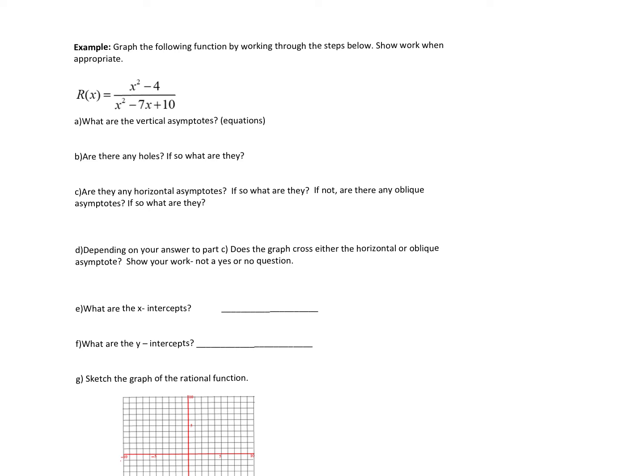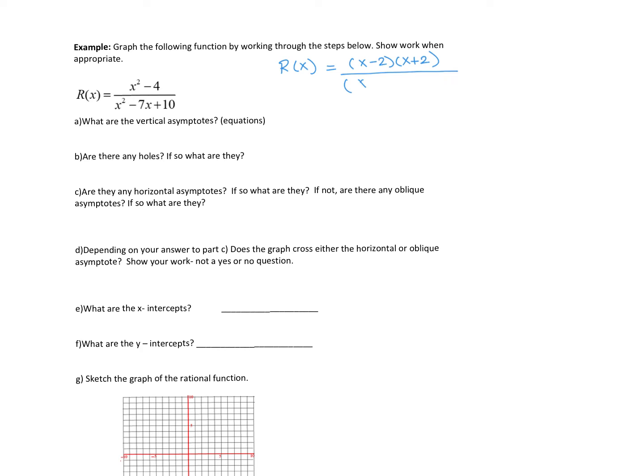So let's take a look at this example where we want to graph the function, and we're going to work through the steps that I had on the previous page. So we're starting with r of x equals x squared minus 4 over x squared minus 7x plus 10. And I'm going to start by factoring everything. So I'm going to have x minus 2, x plus 2 on the top.